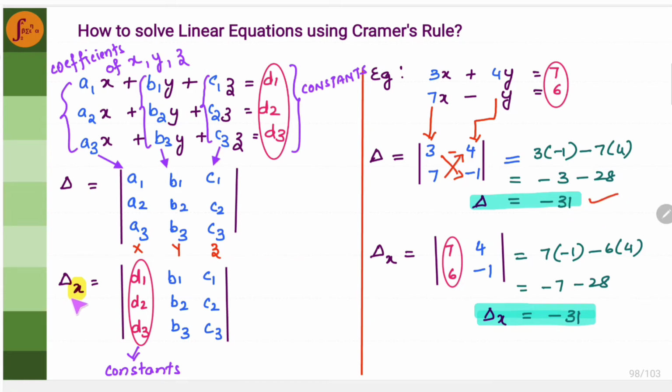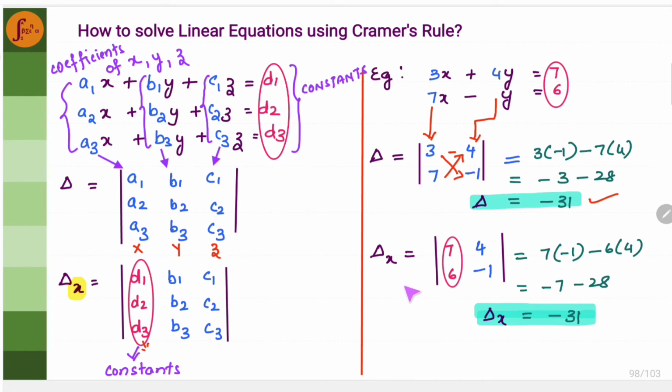Second step is, you have to find the determinant of x. To find the determinant of x, you'll have to substitute constants in place of coefficients of x. So, here you have coefficients of x. In place of these coefficients, you will put these constants d1, d2, d3. And the remaining will be the same: b1, b2, b3, c1, c2, c3. It is just that this column will have constants.